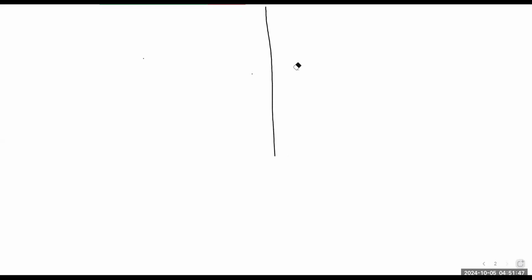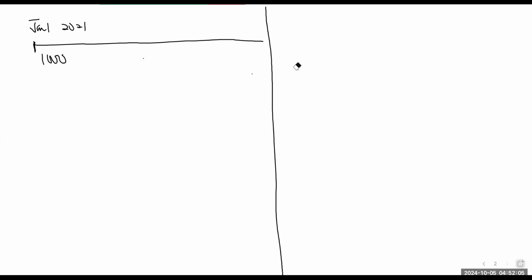On January 1, 2021, the company has 10,000 shares.